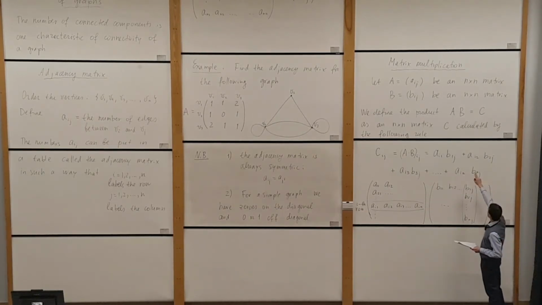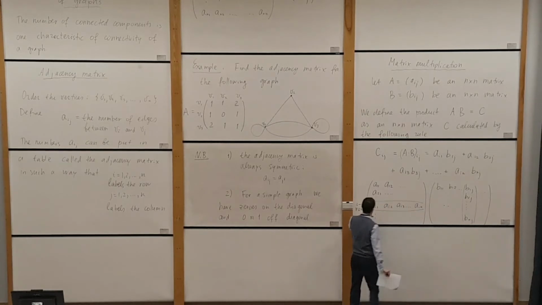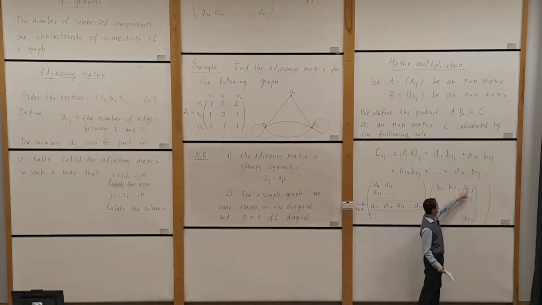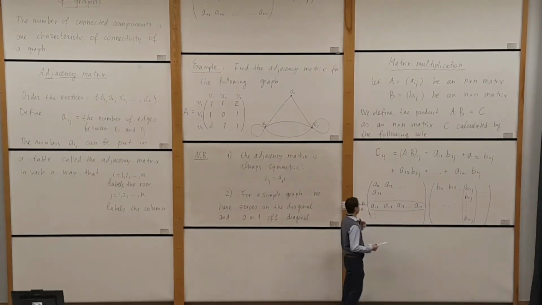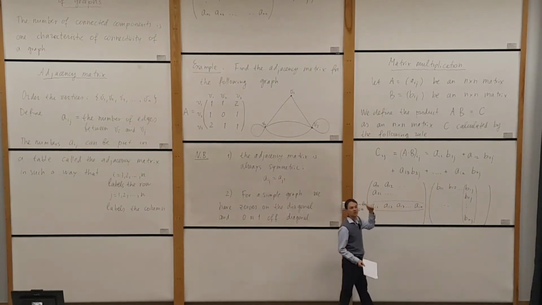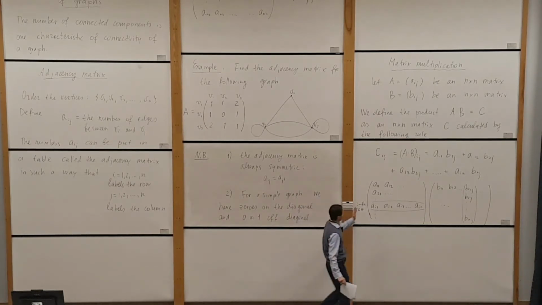So what's written in that formula for Cij above is the following procedure where I take the first element in the ith row of the first matrix, multiply by the first element in the jth column in the second matrix, plus Ai2, the second element in the row, times the second element in the column, plus the third element in the row times the third element in the column, and so on, until I exhaust all elements.